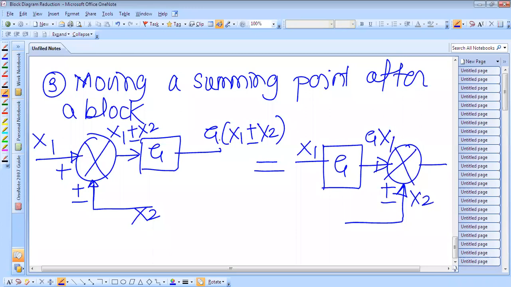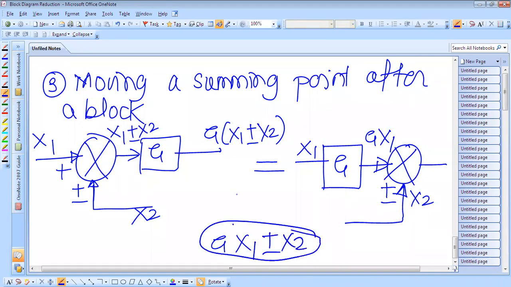But at the output end, what should be there? G into x1 plus minus x2. Now if you add here, what will be there? G x1 plus minus x2. Is this the same as this? No. Here there should also be G.